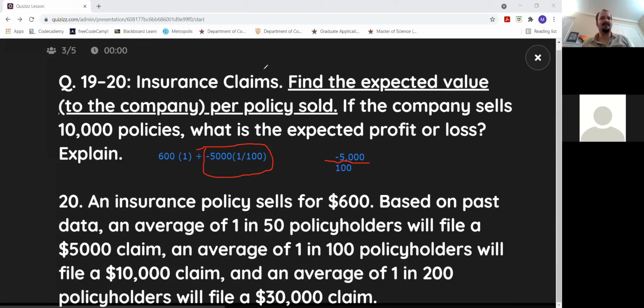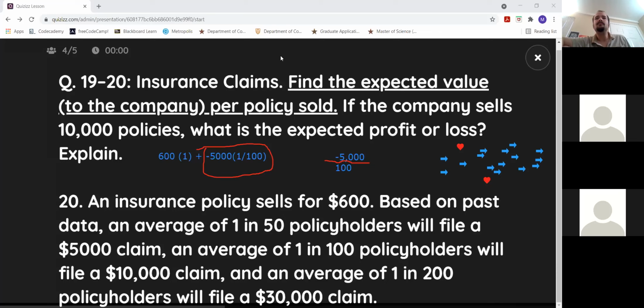I imagine the person that said minus 600 did something to make that first number negative and not the first one. Oh wait, do we put the money symbol?